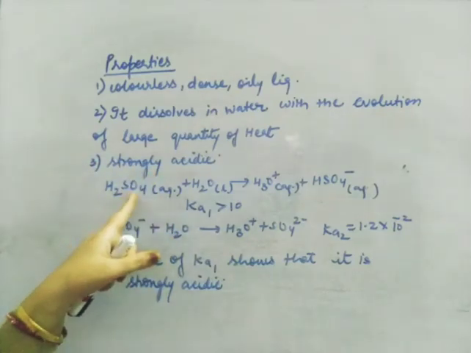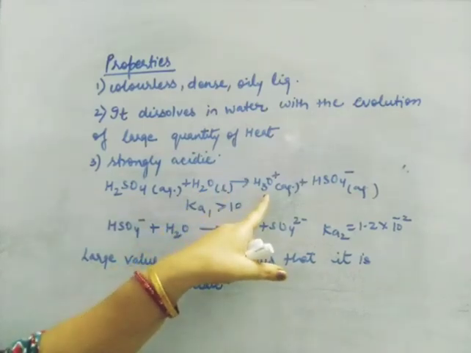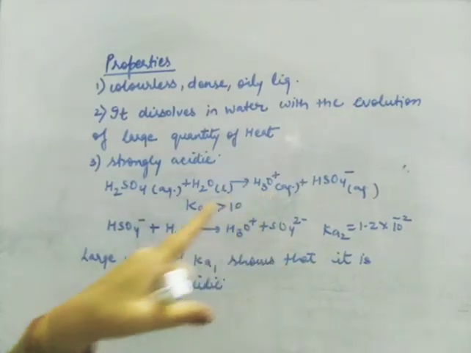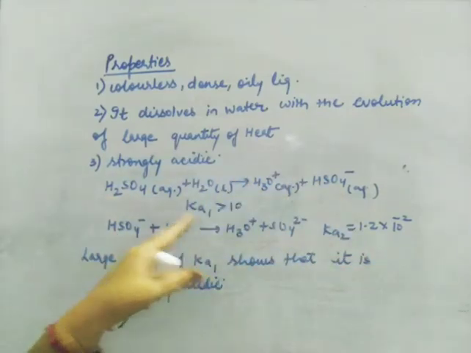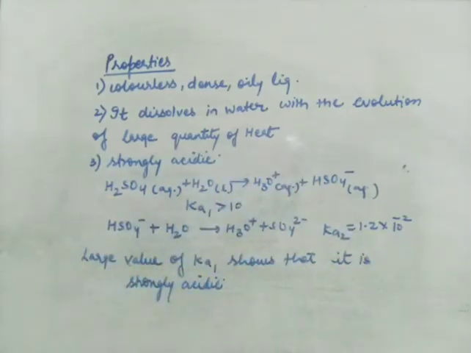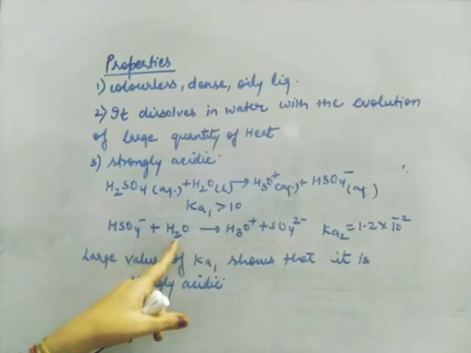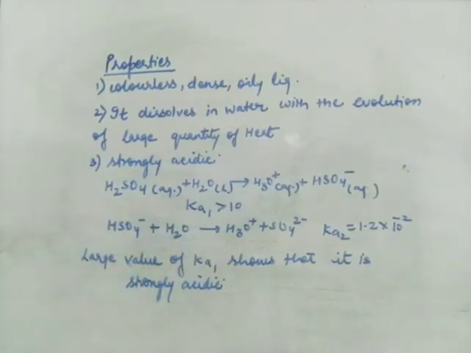When sulfuric acid is dissolved in water, first it loses the first H plus ion, forming H3O plus and HSO4 minus. Here the dissociation constant is greater than 10. When it is again dissolved in water, it gives the second H plus ion, another H3O plus, and SO4 2 minus.